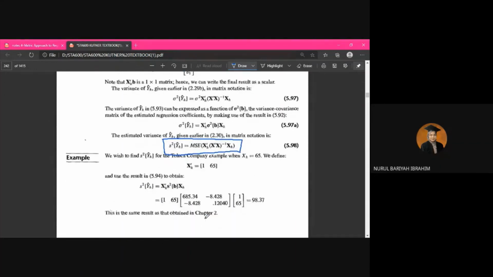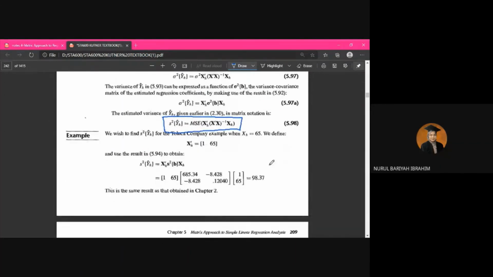So let's see the example. Our independent variable is 65, which we need to replace in the matrix here. So this will be the formula.